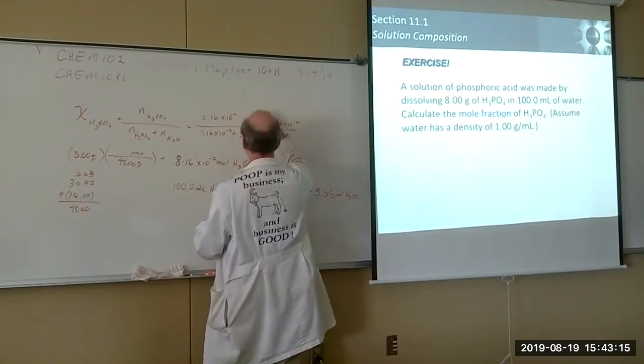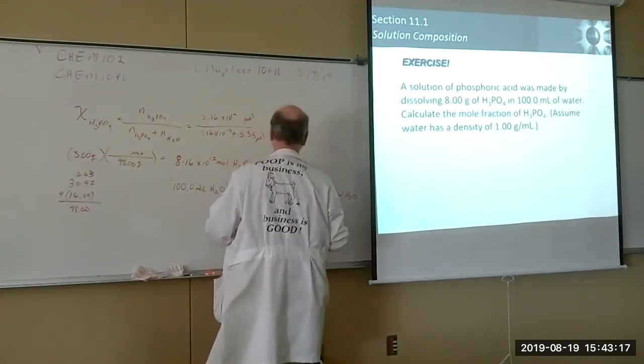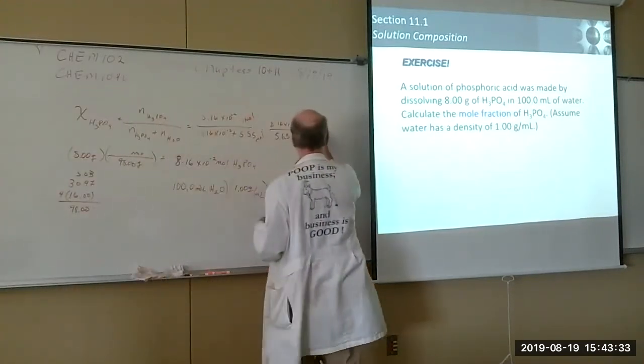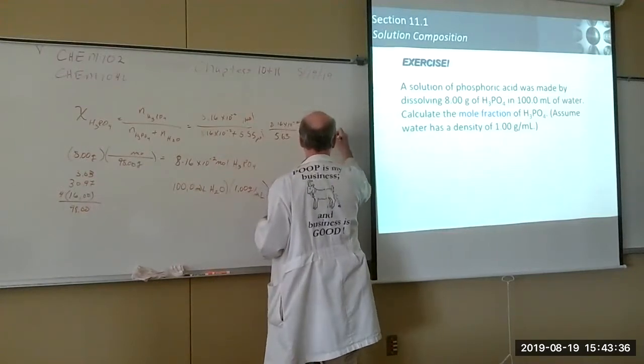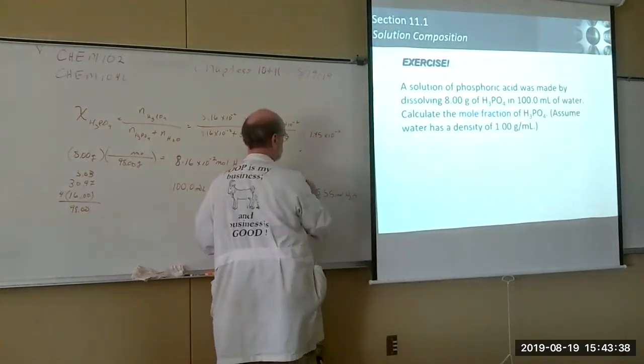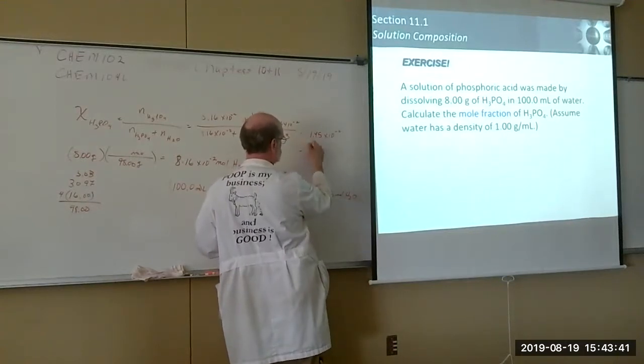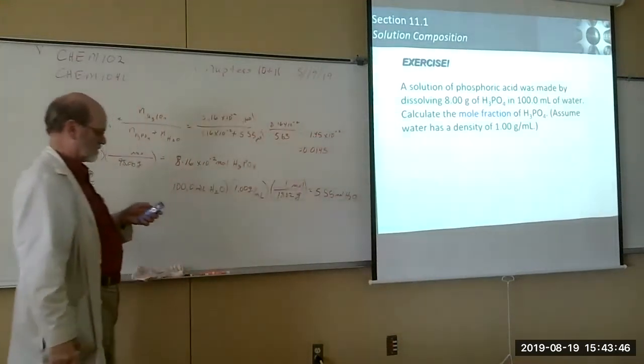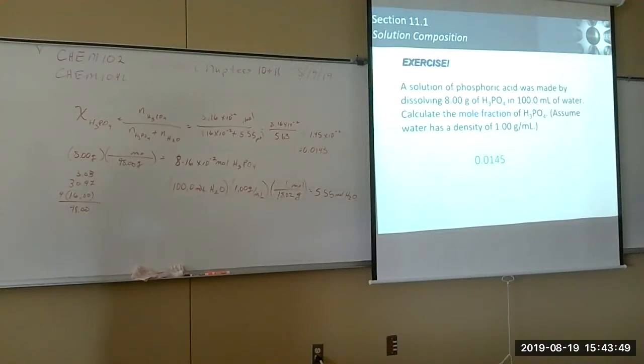This is all moles. There we go. So I get 1.45 times 10 to the minus 2. What would that be in standard notation? Move 2 places, right? 1, 2. So there's the mole fraction for that problem.